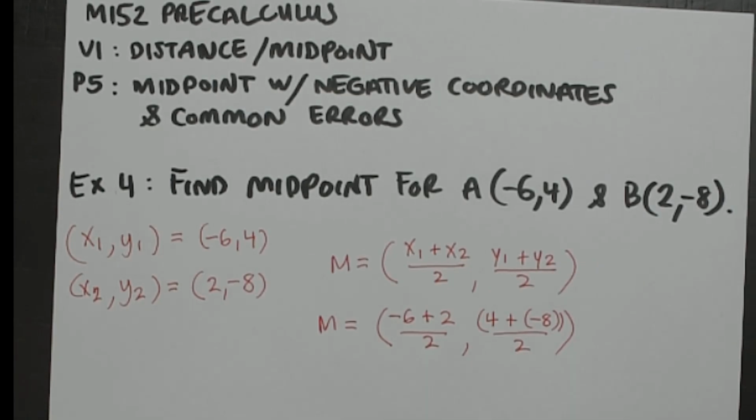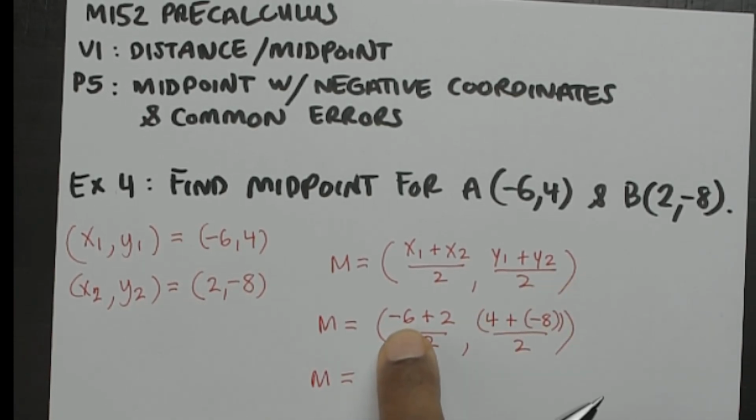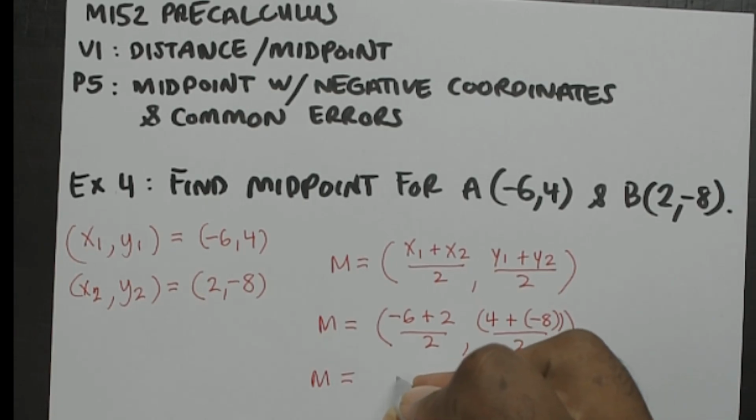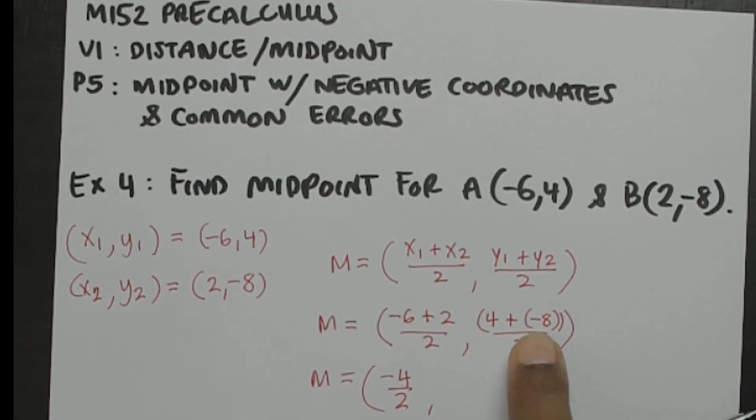So in doing so, we have m equals, so we take the difference of these two. We have -6 plus 2. Taking the difference of the two, we end up with -4 divided by 2. Next, we have 4 plus -8. We have two numbers that are opposite, so we subtract and we take the sign of the larger number.